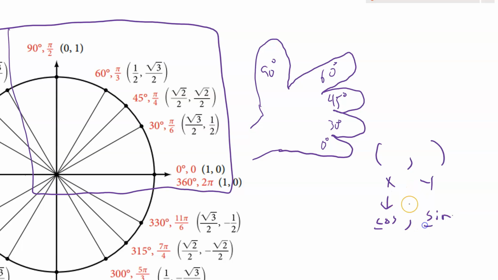Cosine before sine, like x before y. All right, so we have 5 different ordered pairs we're going to deal with. This is going to be so ridiculously easy once you see it like this that you won't ever forget it.